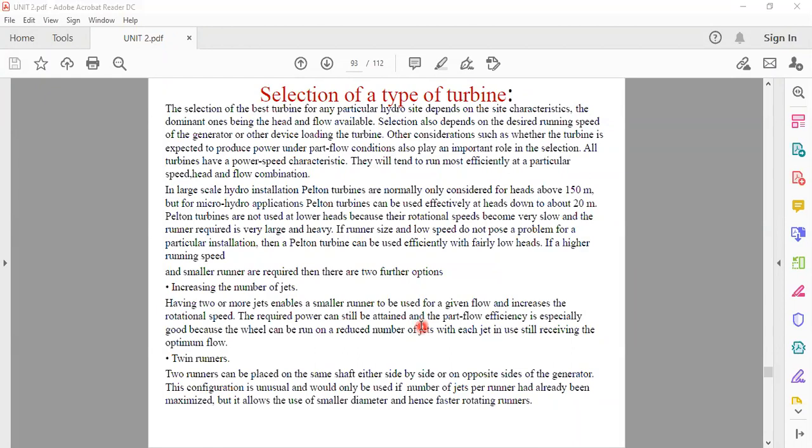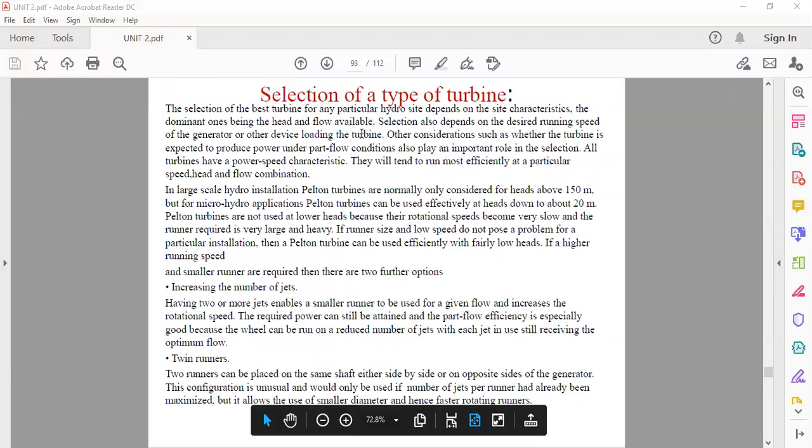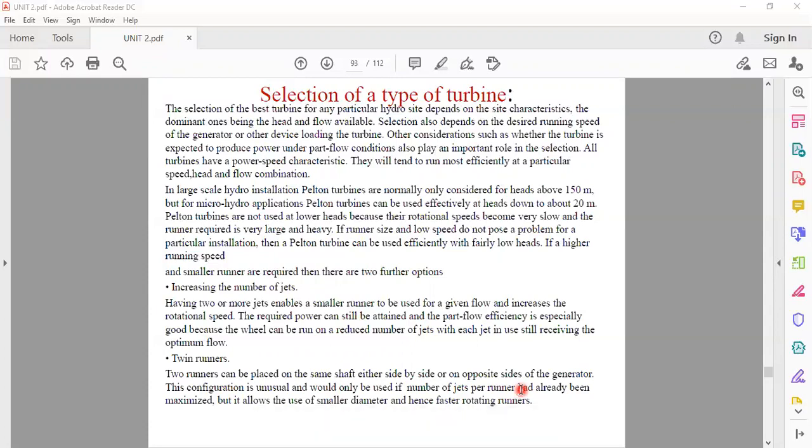Other considerations such as whether the turbine is expected to produce power under part flow conditions also play an important role in the selection. All turbines have power speed characteristics. They will tend to run most efficiently at a particular speed, head and flow combination.